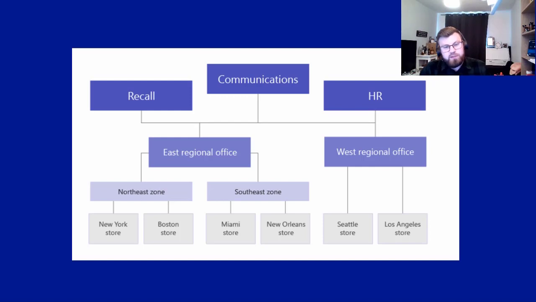So if you look at the East Regional Office, if that is a Microsoft Teams team here, and we publish this hierarchy, that team can publish tasks to the New York store, the Boston store, the Miami store, or the New Orleans store as well. While the West Regional Office's only child nodes here are the Seattle and Los Angeles stores. So the West Regional Office team can publish tasks to those 2 stores.